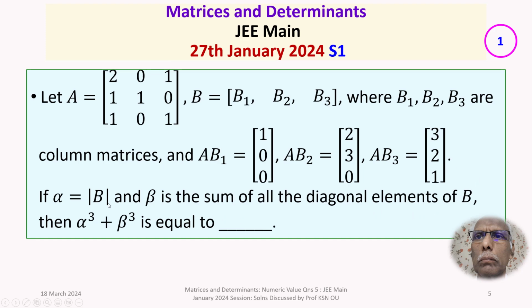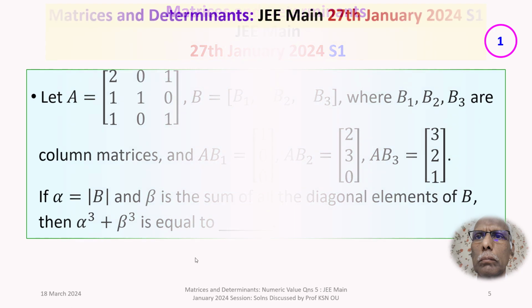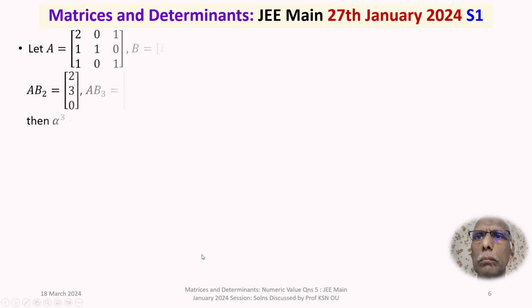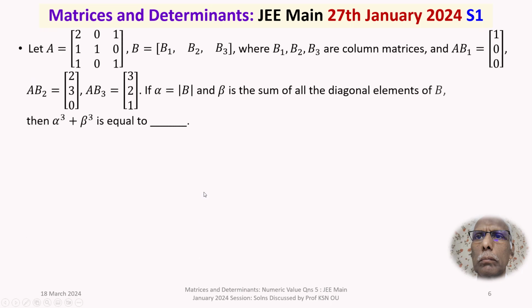If alpha is the determinant of B and beta is the sum of the diagonal elements of B, that means beta is the trace of capital B, then we are required to find the value of alpha cube plus beta cube. Let's now discuss the solution of the problem in detail.